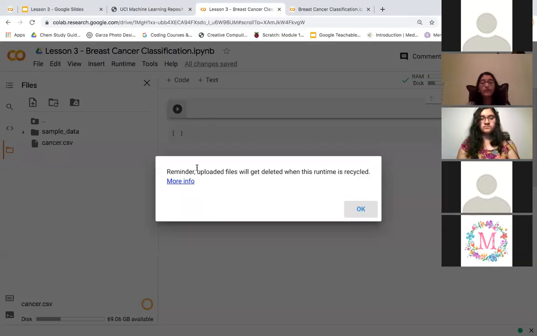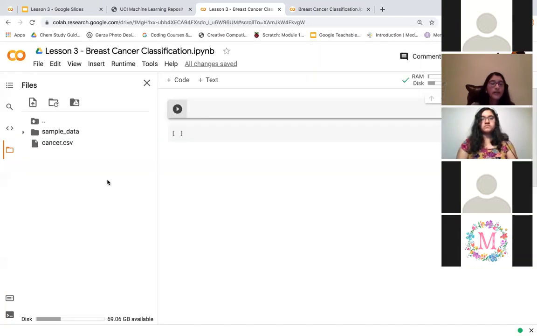And you'll see this reminder: uploaded files will get deleted when this runtime is recycled. So next week we probably have to do this process again, but it's just so that we can get started with programming and get familiar with it. Just say okay. And what you should see is this cancer.csv file right there.